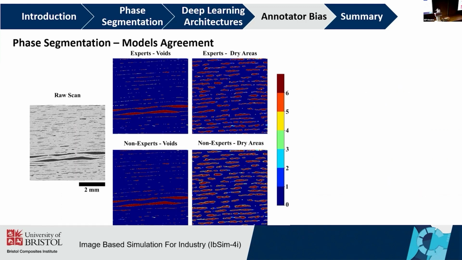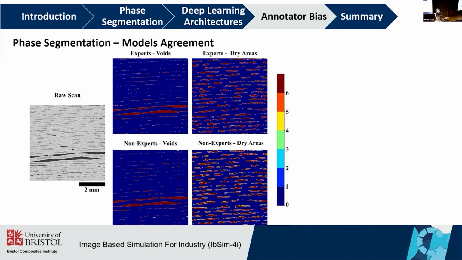I will move a little bit faster. Finally, where is the main disagreement provided by the deep learning models? We can see that most of the models agree in the center of the areas for experts, non-experts, and voids and dry areas. But when we look at the dry area segmentations provided by the deep learning models trained with non-expert data, we see that there is a lot of disagreement at the edges of the dry areas.